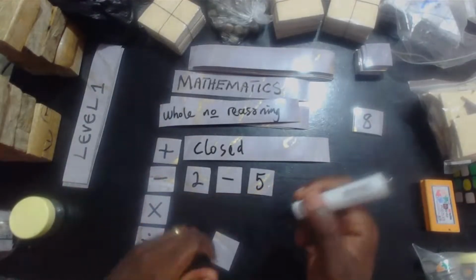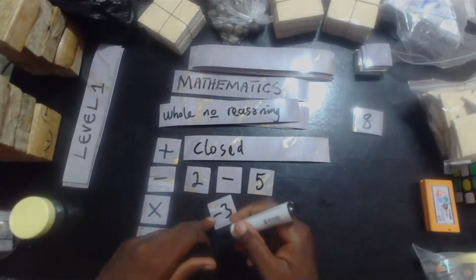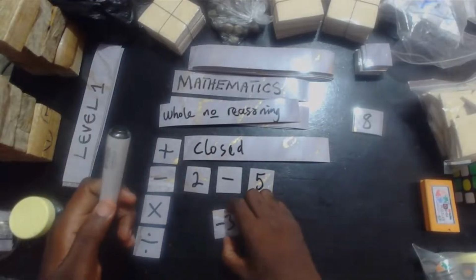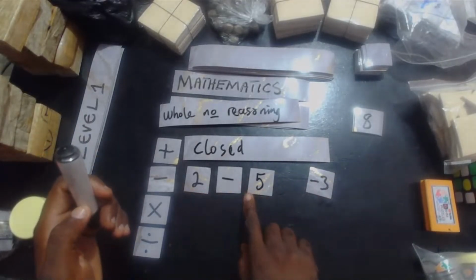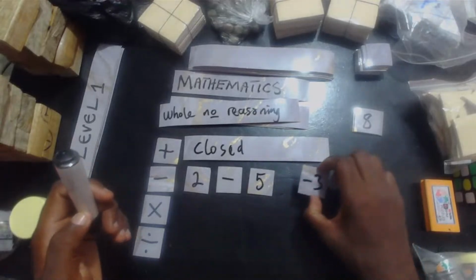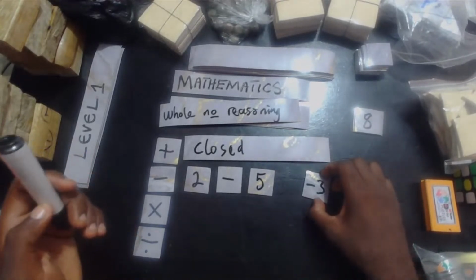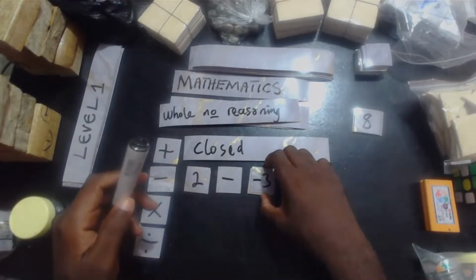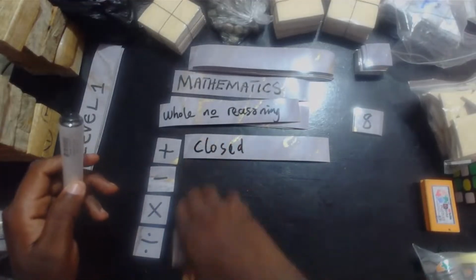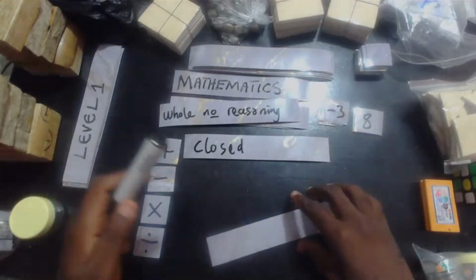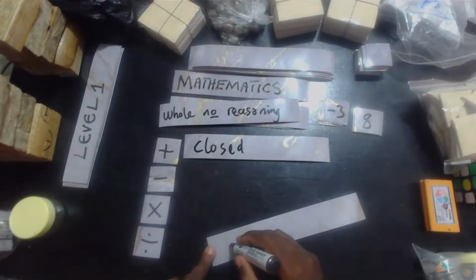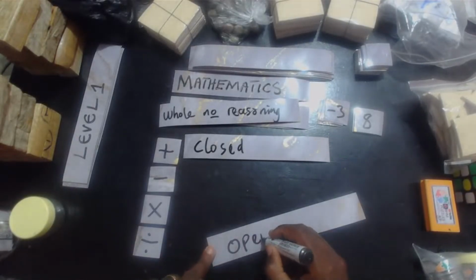The answer now becomes negative 3. So this is a case where a whole number minus another whole number is giving us an integer. So because of this single case, we can say that the next operation, subtraction, is open.